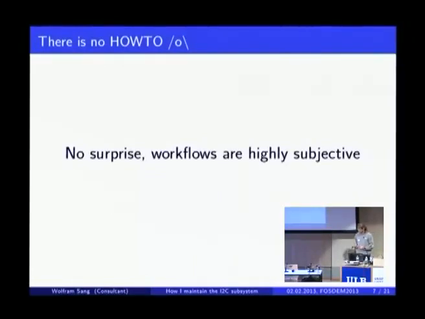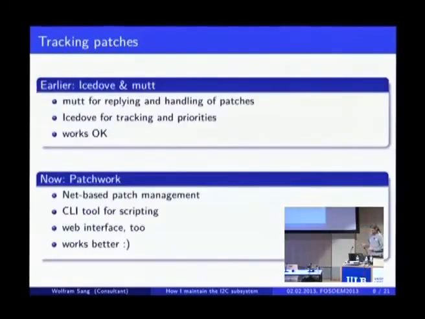So what is involved? First, you need to track the patches. Usually every subsystem in the Linux kernel has a dedicated mailing list to discuss the issues there or to discuss patches. And you need to track what's happening there and work on them. I used to do this with standard mail software.